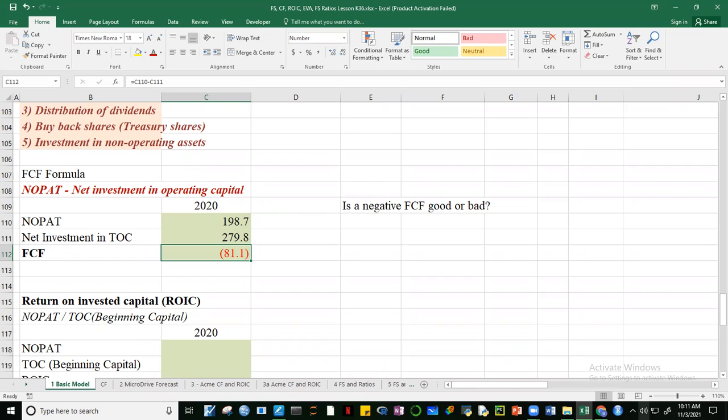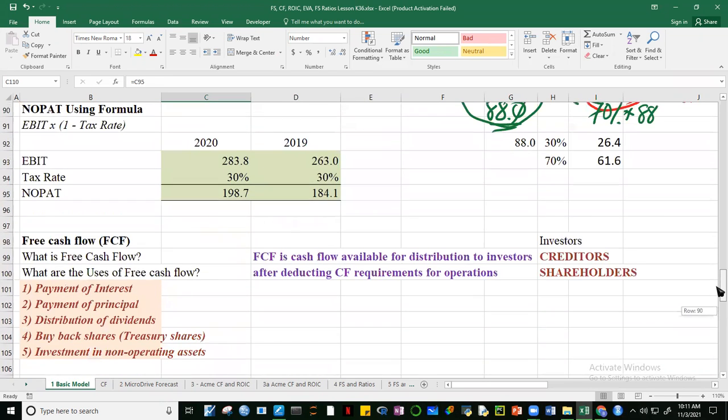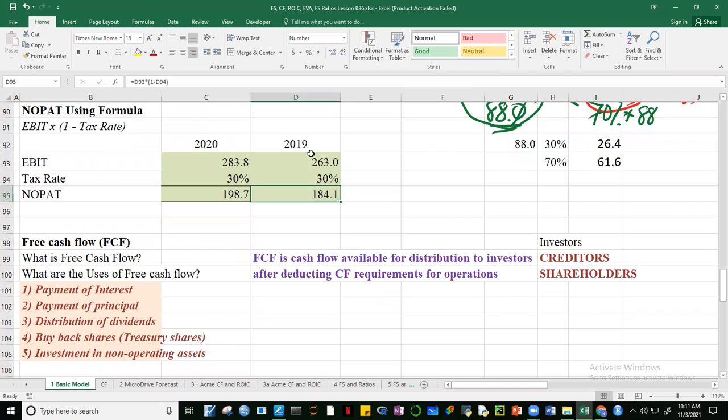Also, in fact, its NOPAT increased, its operating profit increased over time. 184 in 2019, 198.7 in 2020. Let's see how many percent it increased.